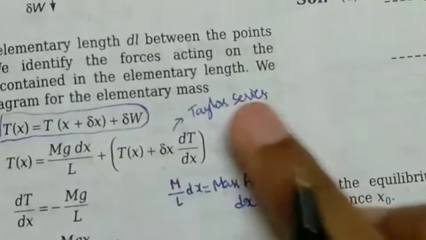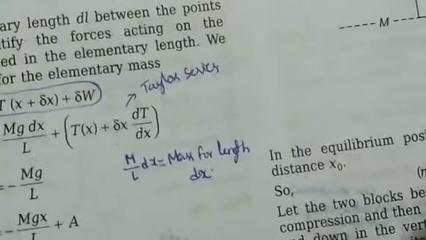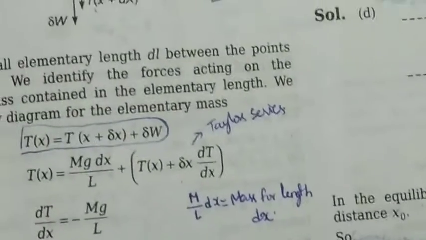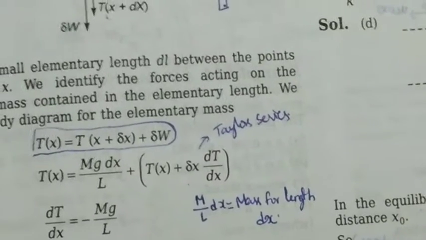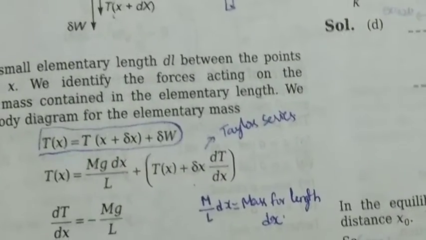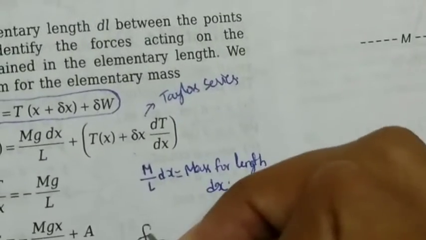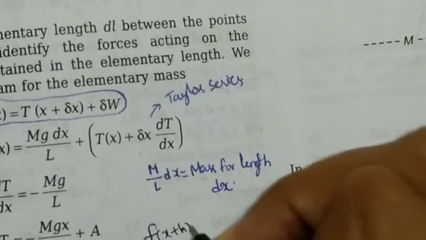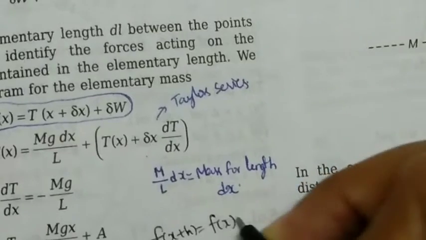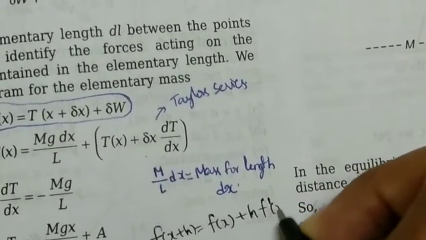And next is T of x plus delta x. From Taylor's series expansion, we have the formula f of x plus h is equal to f of x plus h into f dash of x.